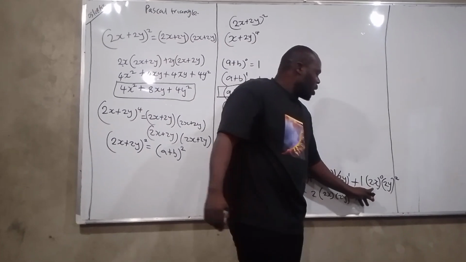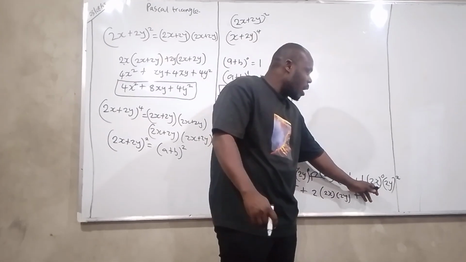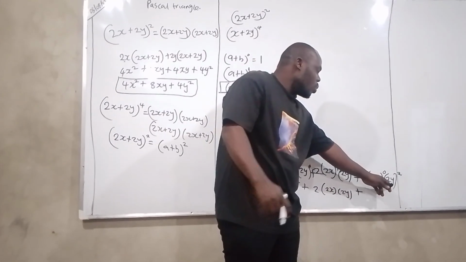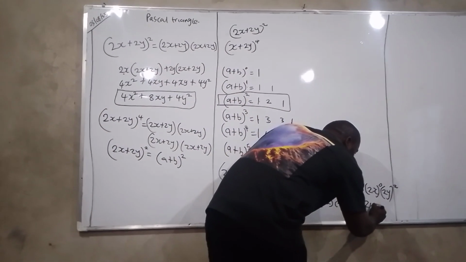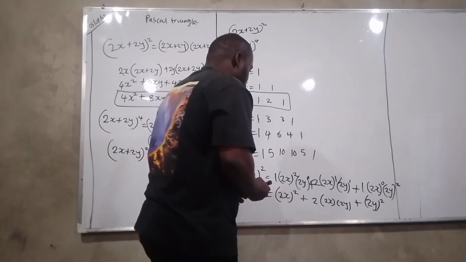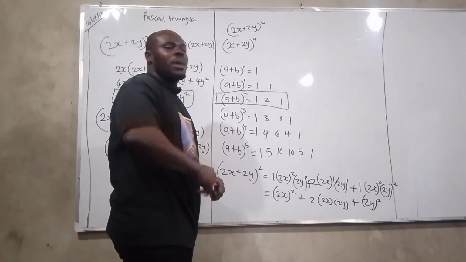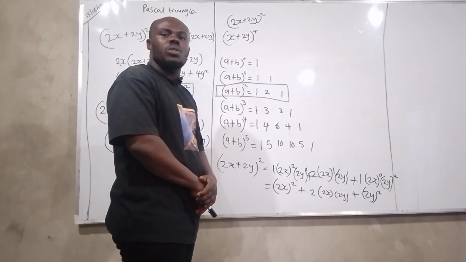Now, your x in this case is the power of 0, so it becomes 1. So this means only (2y) squared.